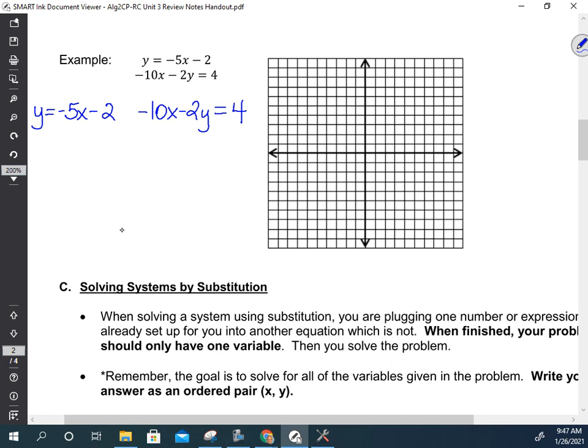So let's knock out the one that was set up. Y equals negative 5x minus 2. What's the slope? 5/1, negative 5 over 1. Beautiful. What's our y-intercept? -2.